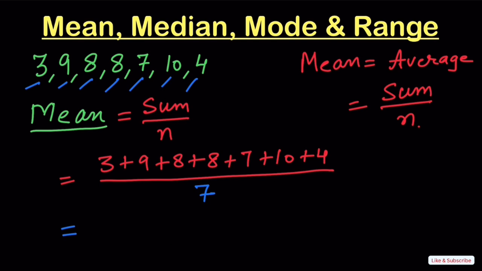When we add all these numbers up, it comes out as 49. So we divide 49 by 7, and that gives you 7 as the mean. Mean is also denoted by the notation x bar. In simple words, x bar is called the mean.